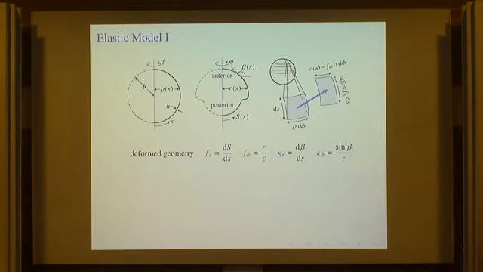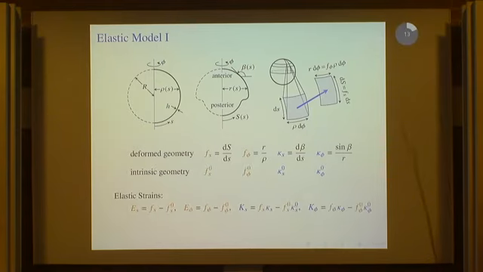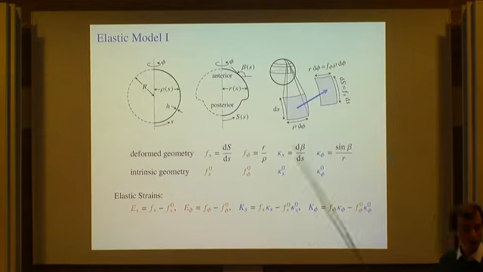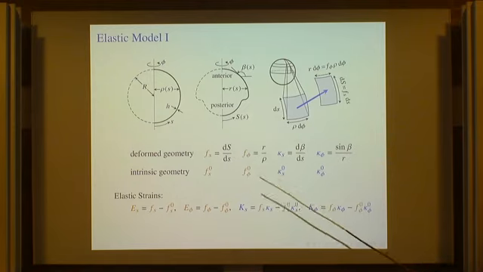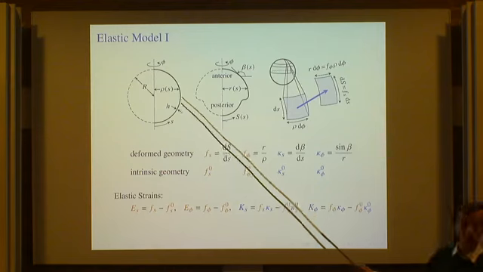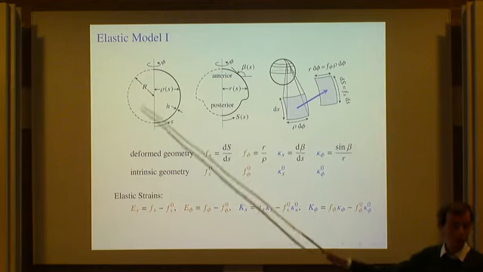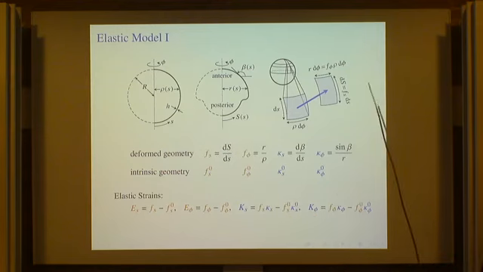Now, this shell might also have intrinsic values of these stretches and curvatures, that will in principle differ from the values in the deformed geometry, and which might also differ from the stretches and curvatures of the original spherical shell. So we can use these to construct elastic strains in these differences and curvature strains.